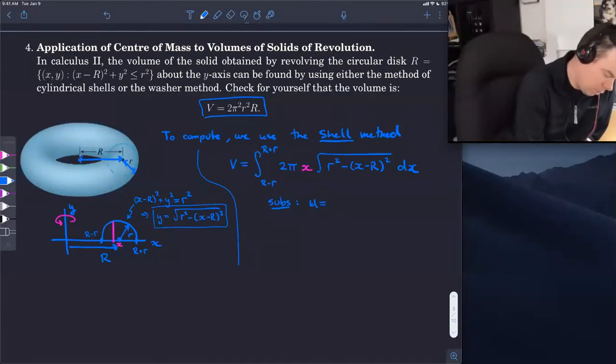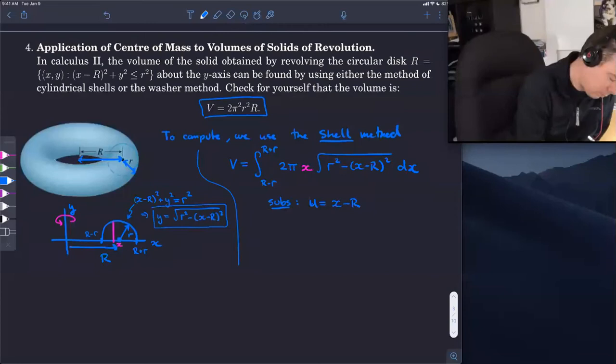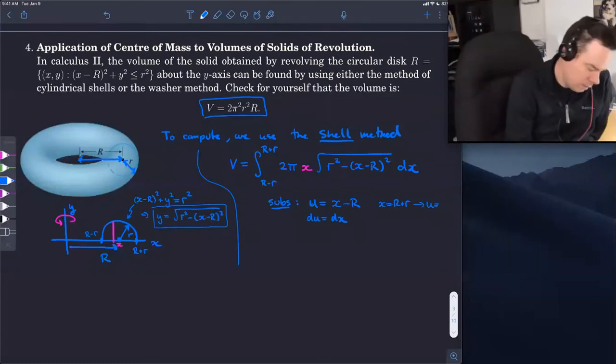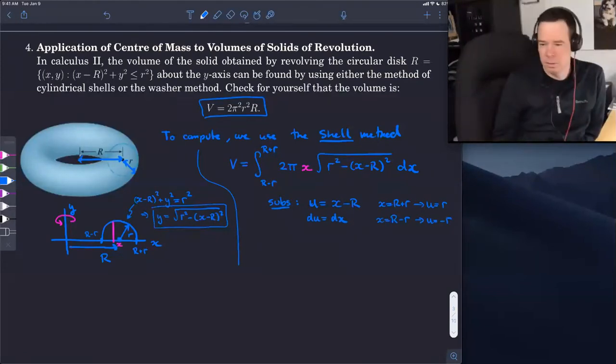We substituted variable u for x minus big R. So du becomes dx, and our limits of integration, x equals big R plus little r becomes u equals little r, and x equals big R minus little r becomes u equals negative little r.